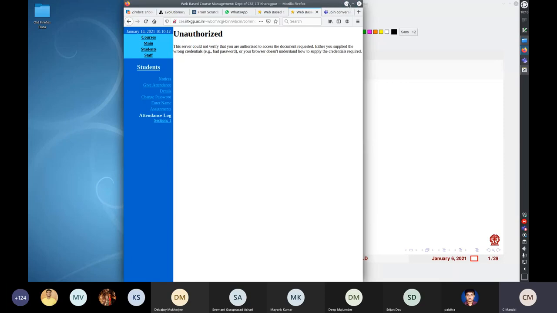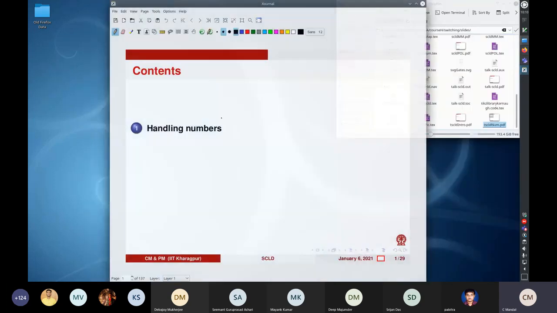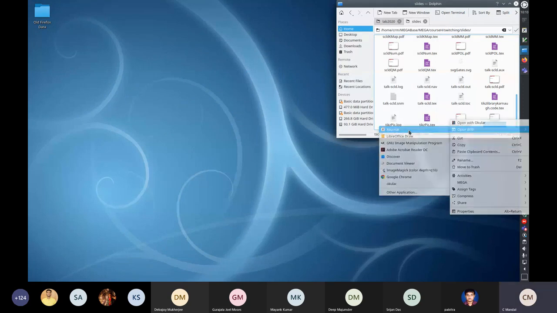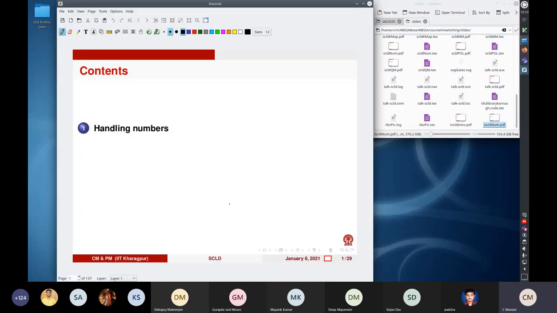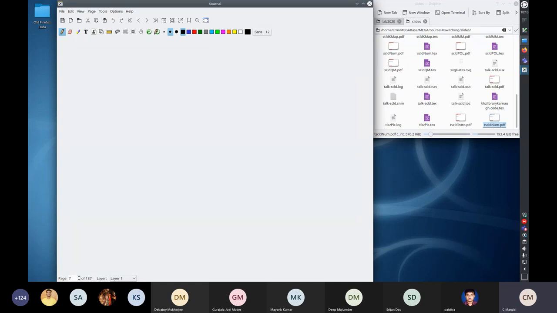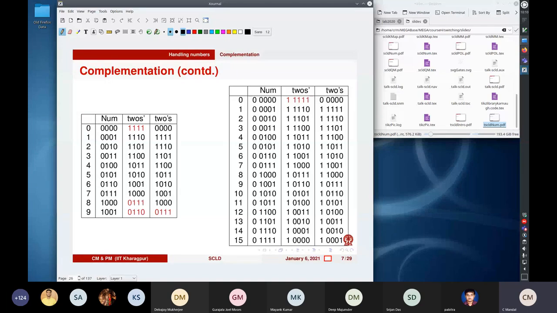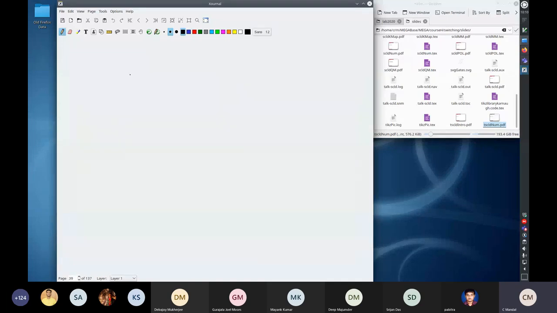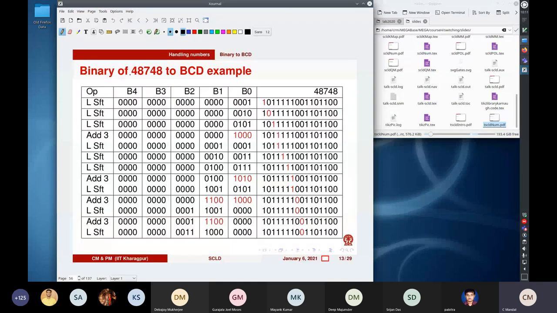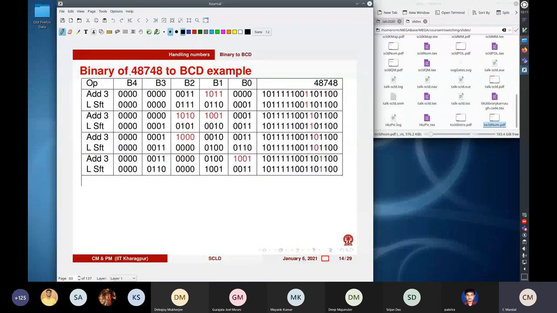So let us look at this. Last time we saw how this double dabble algorithm is working.